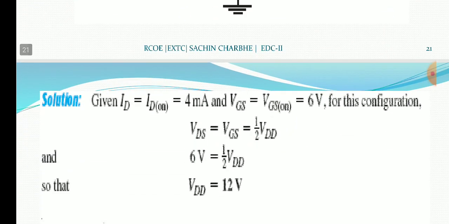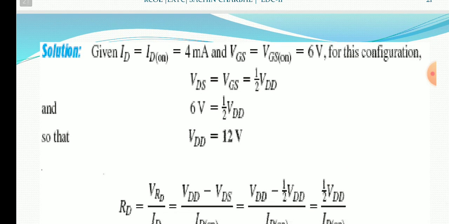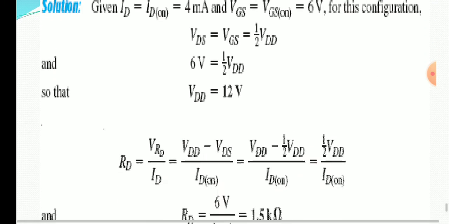So given ID, that is ID on is 4 milliampere, VGS equals VGS on, that is 6 volt. So VDS is nothing but half of VDD, that is the standard. So VDS equals 6 volt, which is half VDD, so VDD is 12 volt. That is what we calculated.